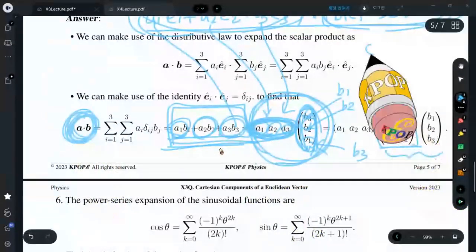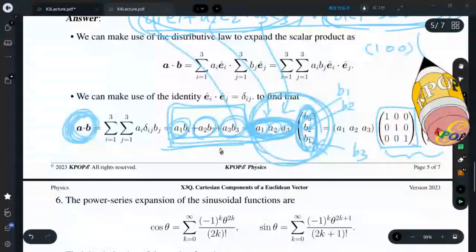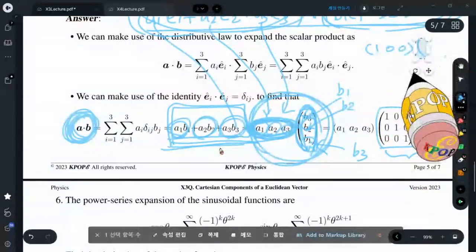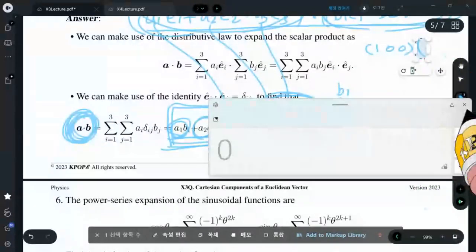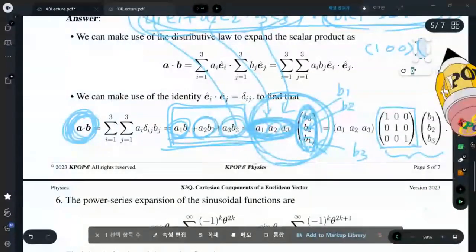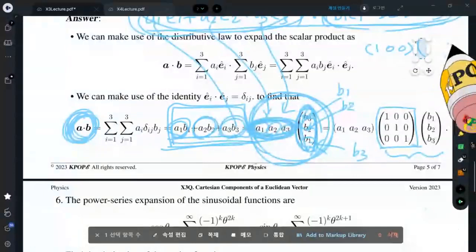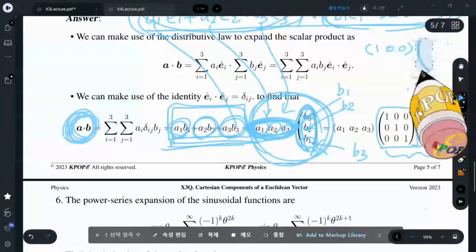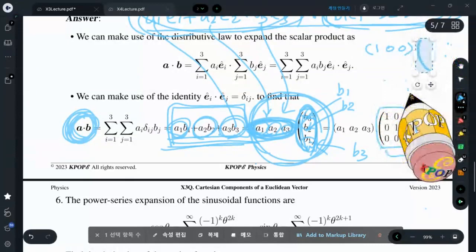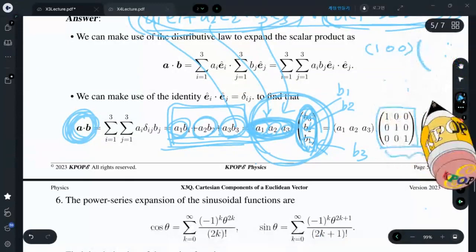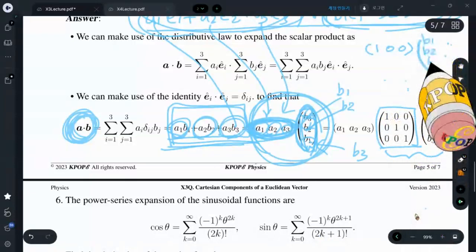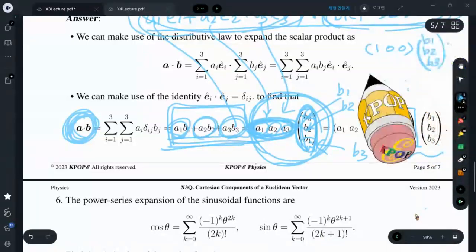First of all, 1, 0, 0 times B1, B2, B3. What's that?